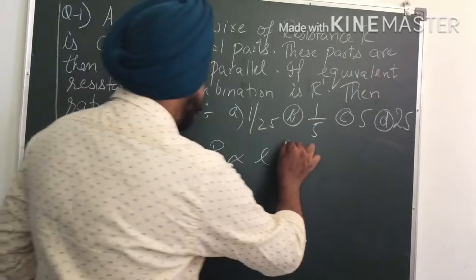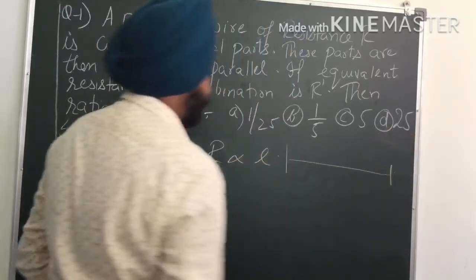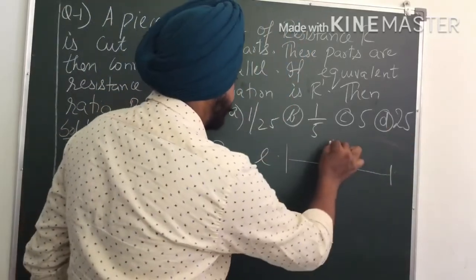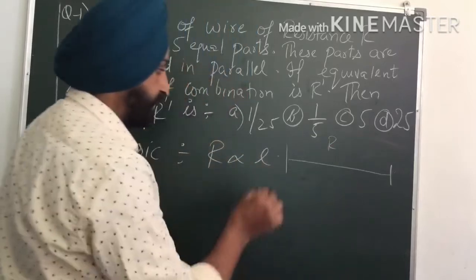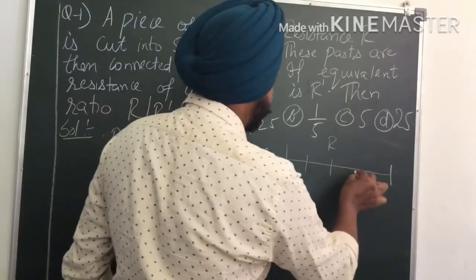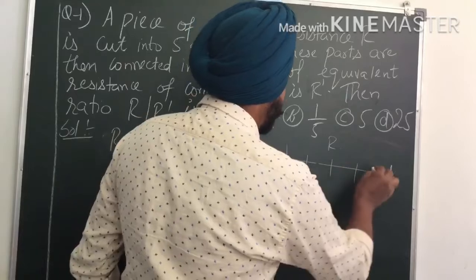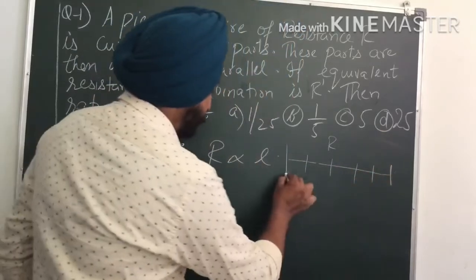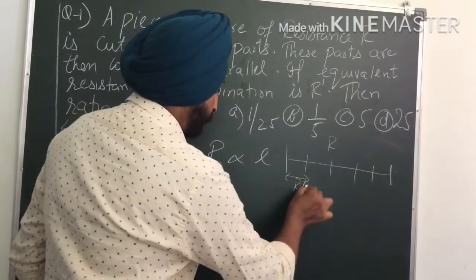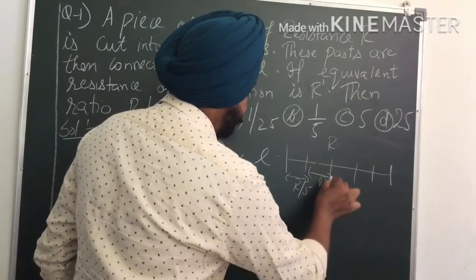So if you have a wire like this, and its resistance is R, and you are cutting this wire into 5 equal parts like this, 1, 2, 3, 4, 5, then the resistance of each part would be equal to R by 5.